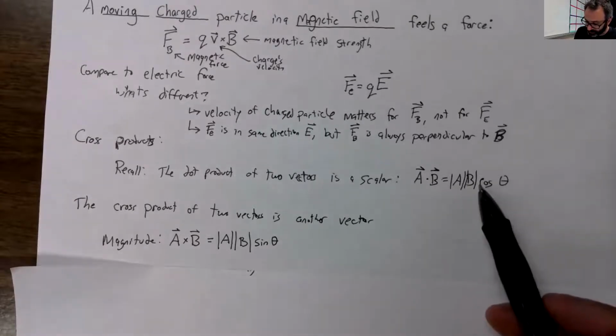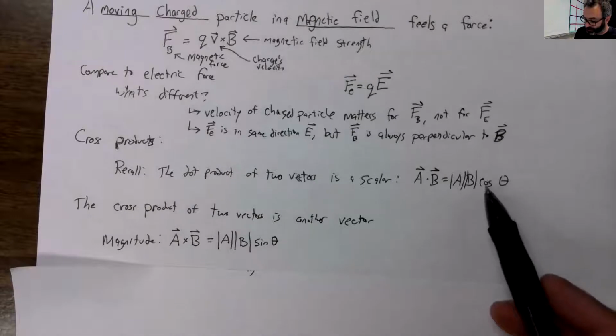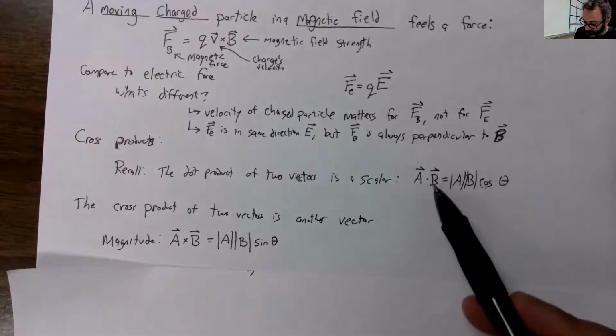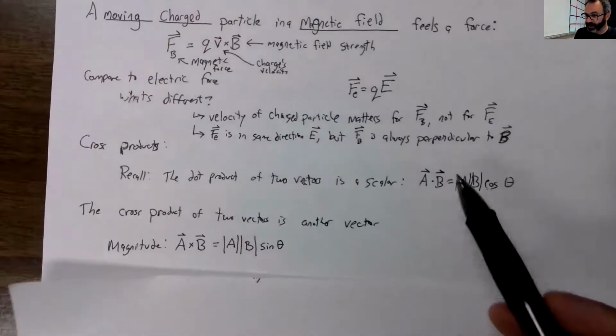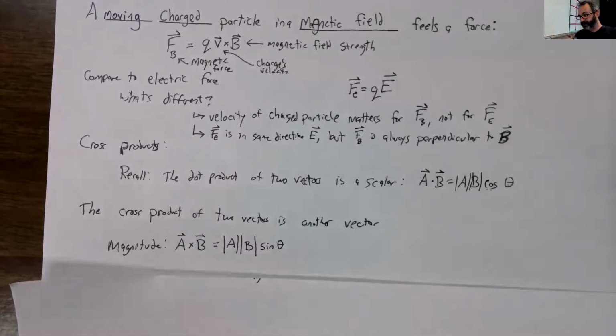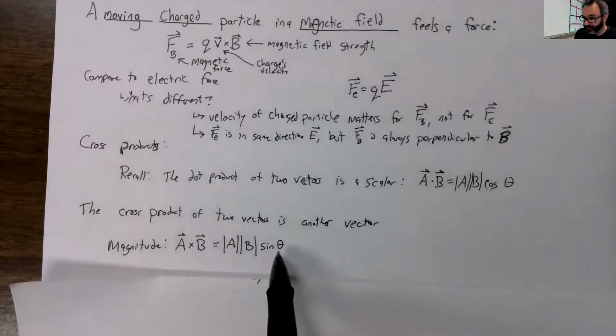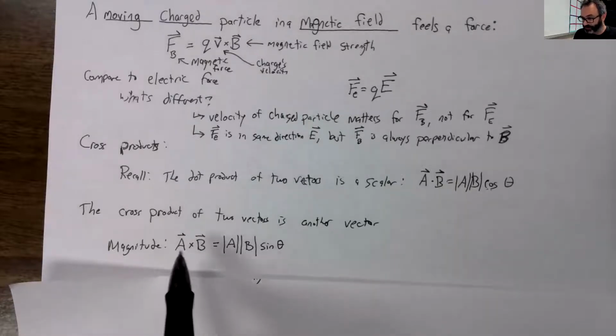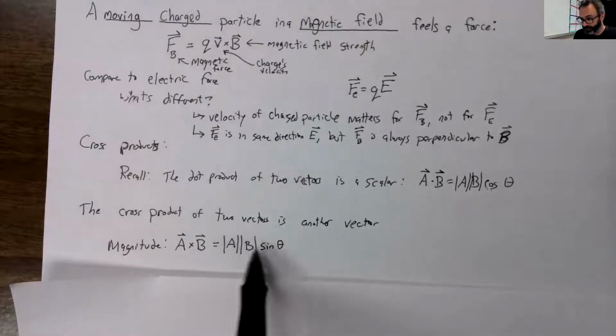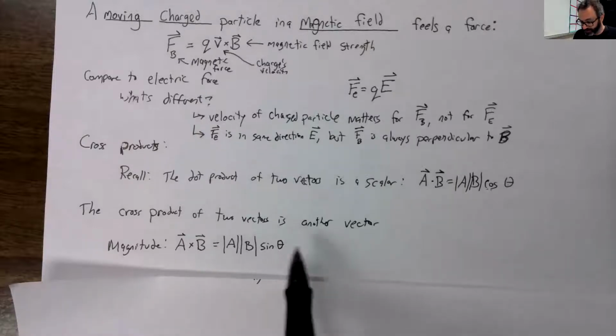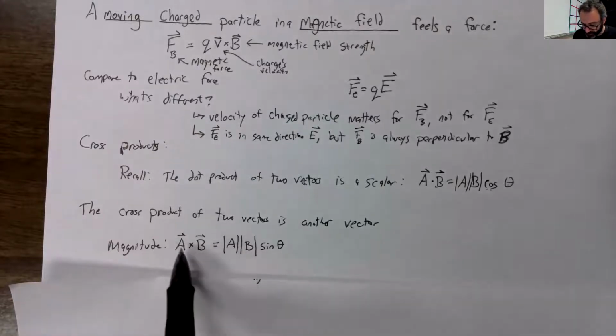With the dot product, if the two vectors are perpendicular to each other, the cosine of 90 is 0, and we have 0 for our dot product. Right, the dot product was always bigger if the two vectors are perfectly aligned or parallel. The cross product is exactly the opposite. If the two vectors A and B are pointing in the same direction, so the angle between them is 0, well, sine of 0 is 0, and we would have 0 for the cross product. The cross product is going to be the biggest when the vectors are perpendicular to each other, right? Because if you have 90 degrees, sine of 90 degrees is 1, and then your cross product is just going to be A times B.